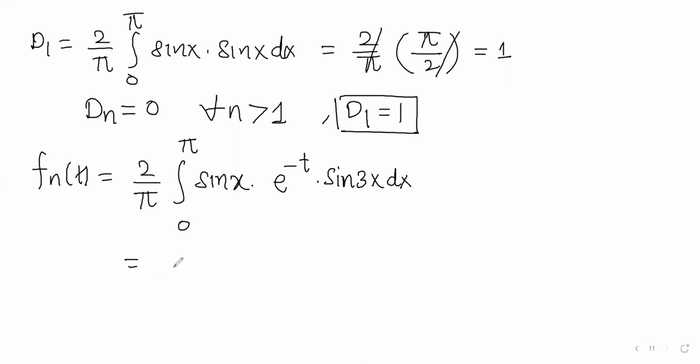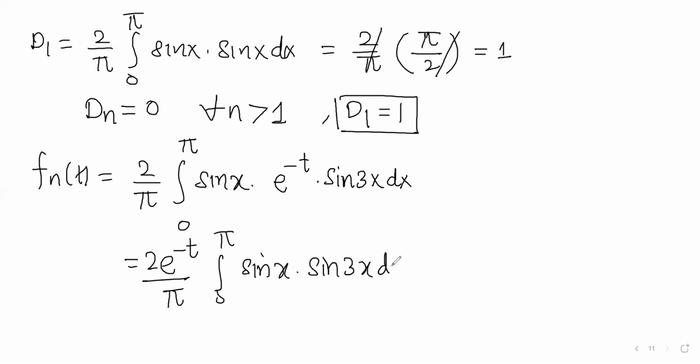Now the job is to keep e power minus t outside completely, and I'll be left with again the same thing. So the problem here, if you understood earlier, I think I forgot to write here n, sine nx, not sine x.